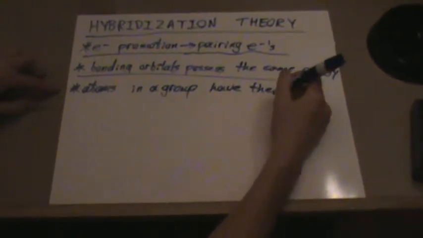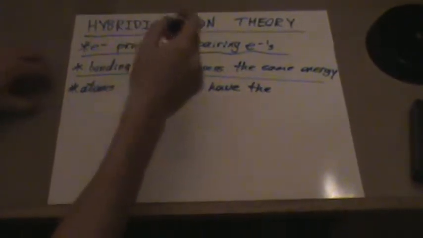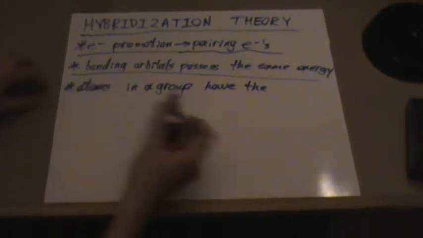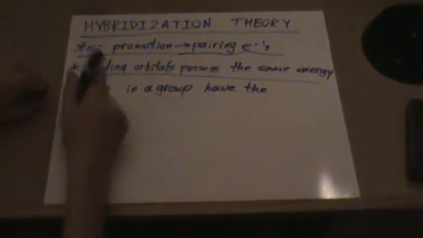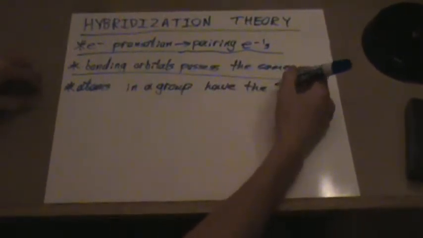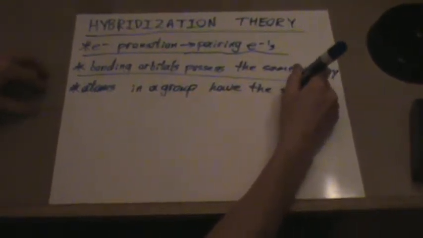And this is because the hybridization of the electrons is common within the group, because all atoms down a group have the same number of electrons. So atoms in a group have the same bonding tendencies.